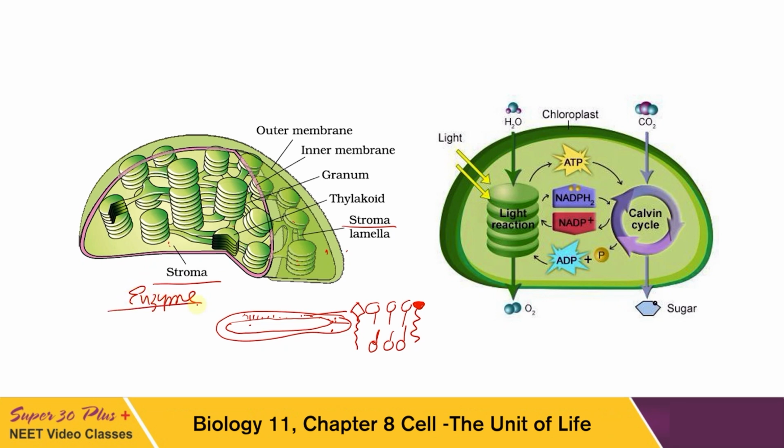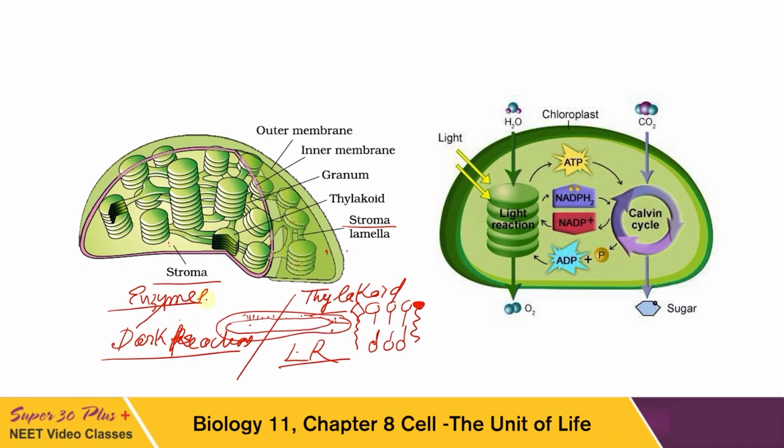You know, children, the stroma is the site of dark reaction, where food will be formed. Photosynthesis has two types of reaction: one is the light reaction, and one is the dark reaction. The site of the light reaction is the thylakoid, and the site of the dark reaction is the stroma.